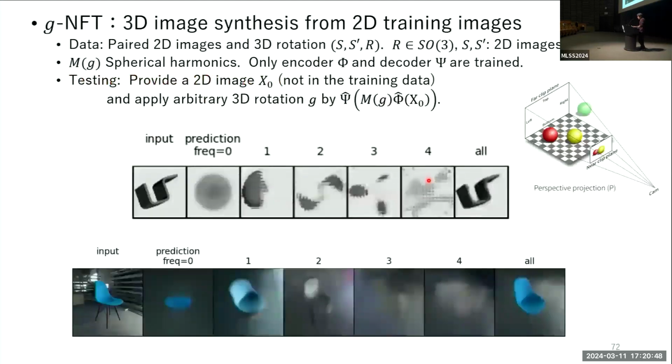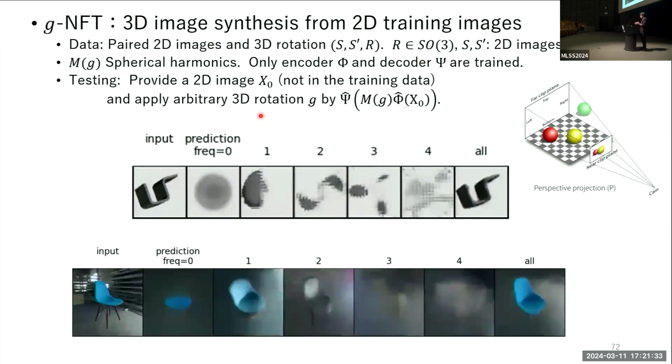Okay, so here is almost the last slide. And in this case, we know the group. And in the matrix M sub S, we actually use the harmonic functions for the spherical data, spherical motion, the three-dimensional rotations. In this example, we rotate some three-dimensional object to make a sequence, or in this case, actually a triplet, and take a snapshot of a two-dimensional image, and use such triplets of two-dimensional images as training data.